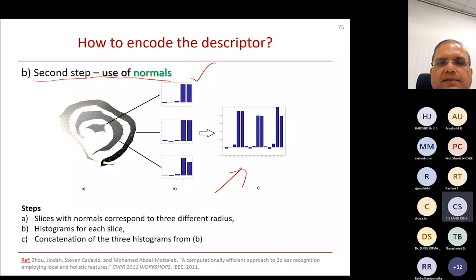So in the second step, again, you are getting a vector, but that is obtained by analyzing the orientation of the normals. Right? In the previous case, in some sense we were trying to represent the location of the point.